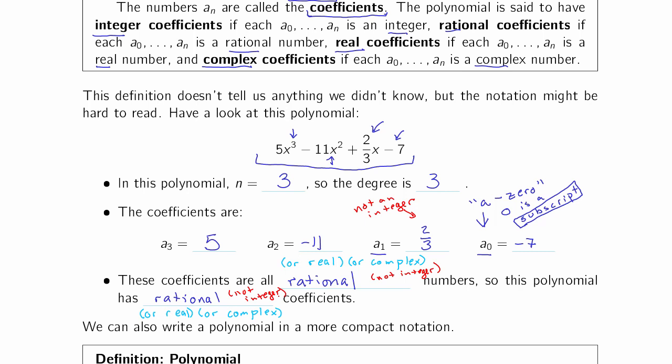Now, that notation is a little bit weird, but it doesn't contain any symbols we're unfamiliar with. Subscripts might take a little bit of getting used to, but that's not a problem. There's another way that we can write this that's a little bit more compact, but quite a bit harder to read.